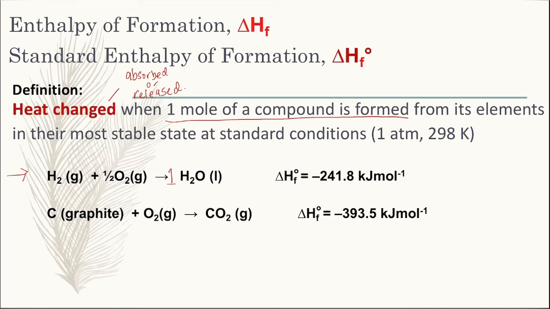And in the formation of 1 mole of water, it has to be formed from hydrogen gas and also oxygen gas. Why? Because these two elements are present in water molecule. Please note that the unit for the enthalpy here, kilojoule per mole, is only for 1 mole of compound.